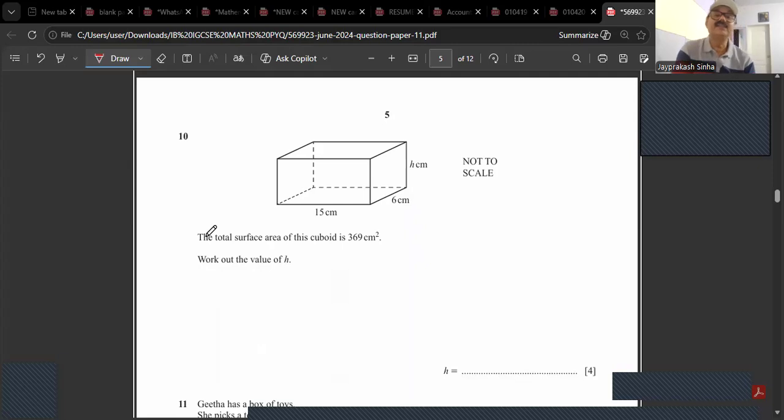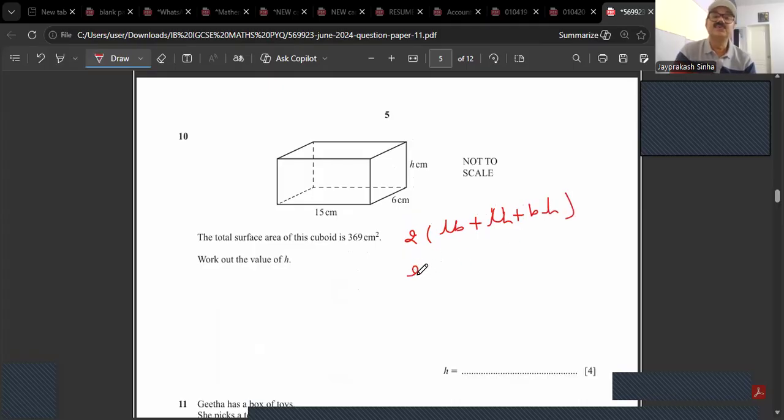Now, find the total surface area of this cuboid, which is 369 centimeter square. So length is 15, breadth is 6, and height is h. So already we know that. What is the formula of the total surface area? 2 into LB plus LH plus BH.